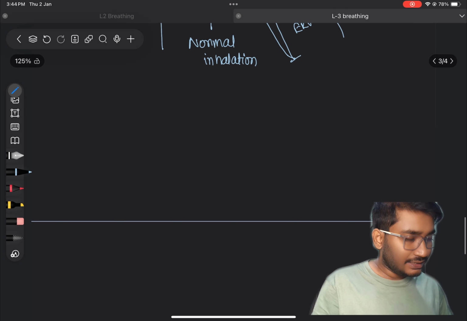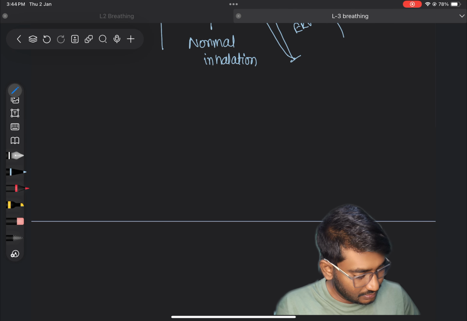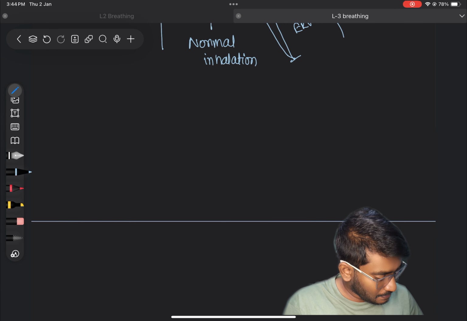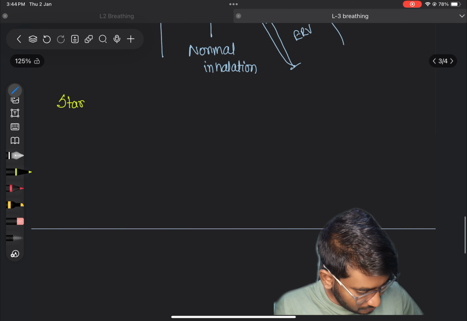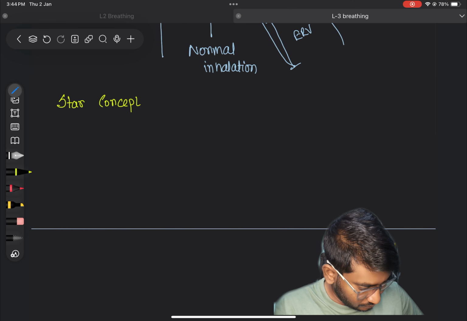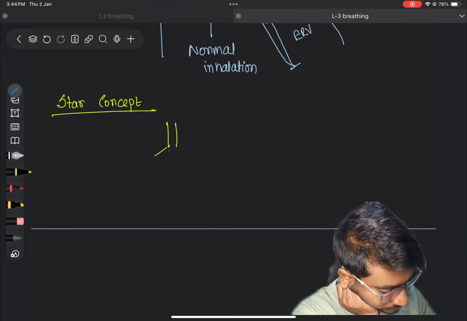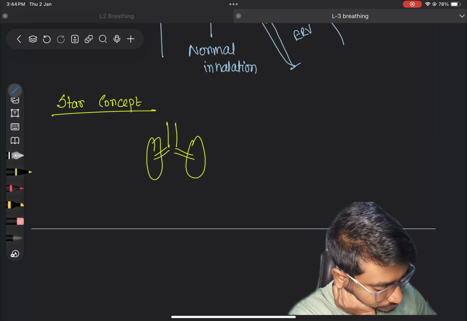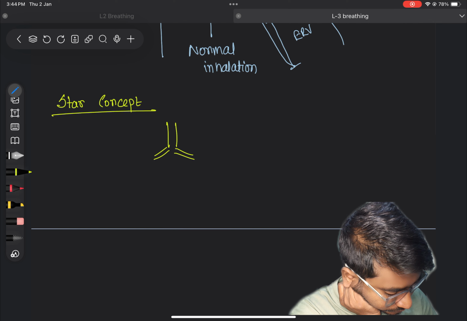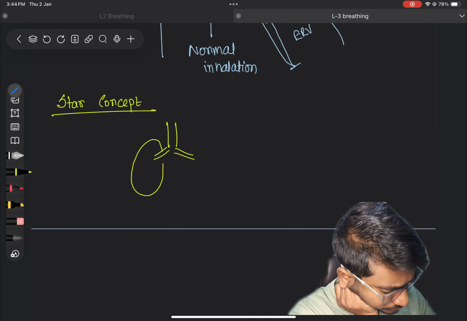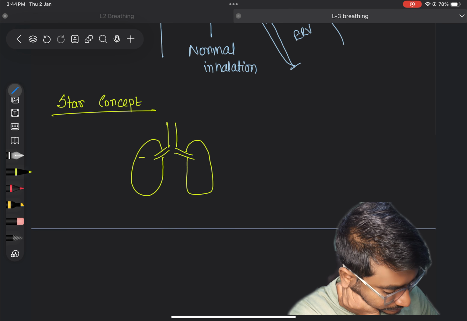Now we come to the next, the star concept. You can write it as star concept. What is the star concept? Let it be the lungs. So TV plus ERV plus RV.